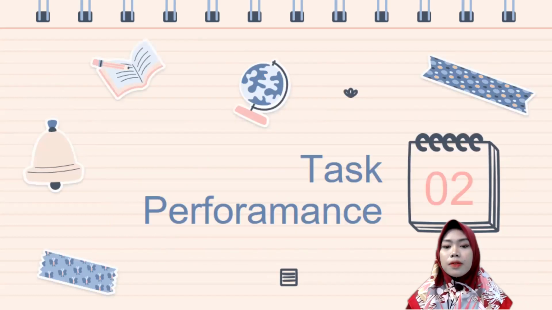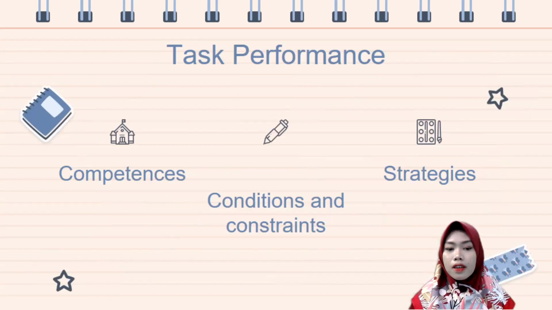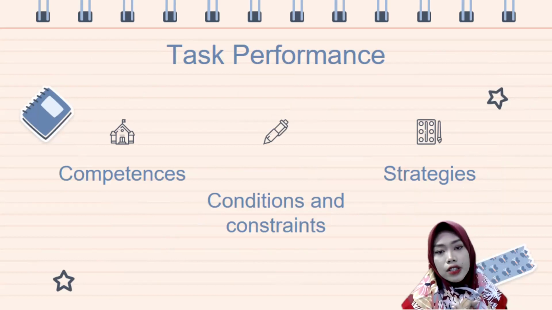The second subchapter is task performance. In this subchapter, we are going to talk about competences, conditions and constraints, and strategies.